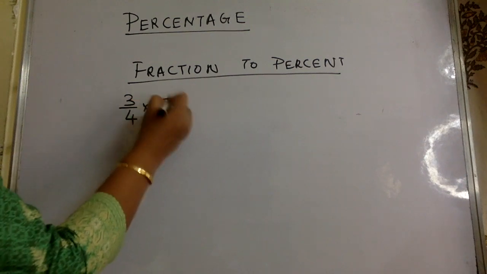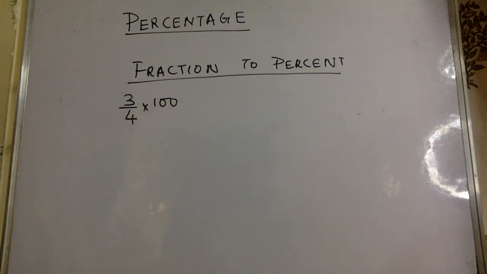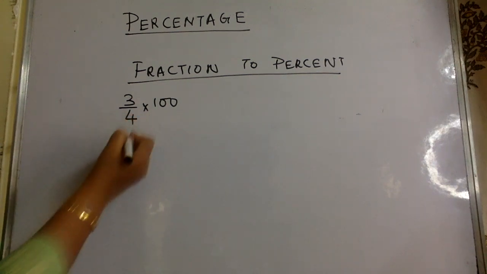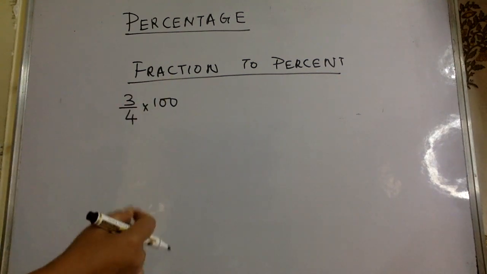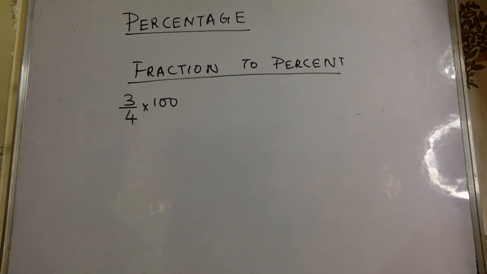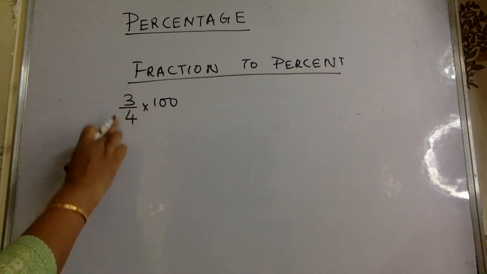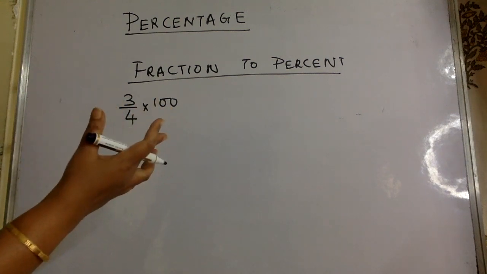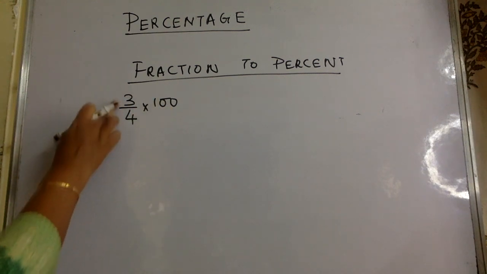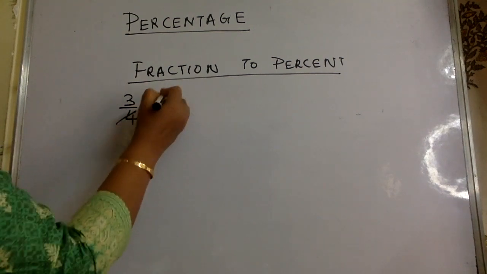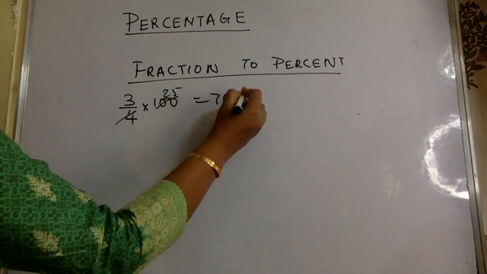Just multiply it with 100. Why do we simply multiply with 100? The reason is, this is 3/4 of 100. If it is 3 out of 4, then this fraction of 100 is how much? This is 75%.